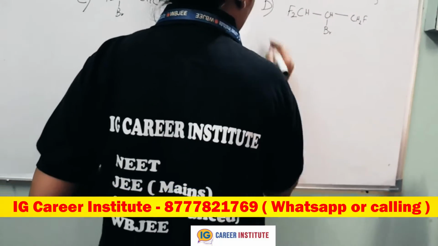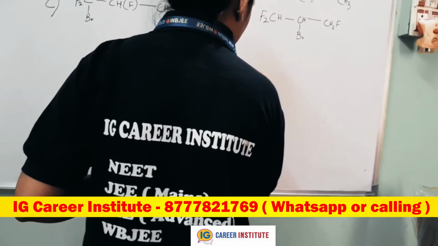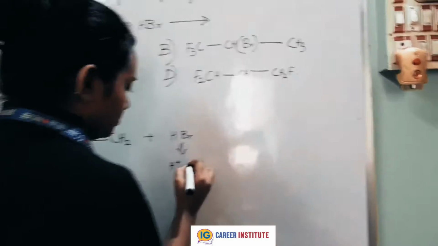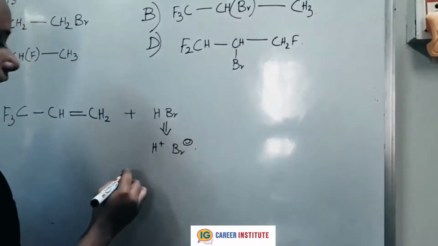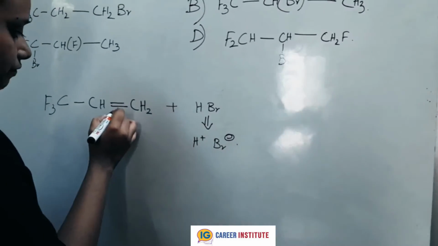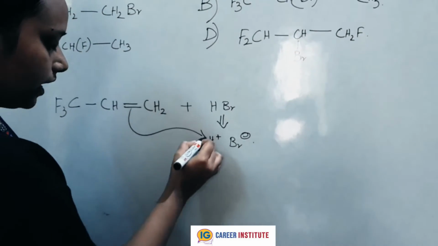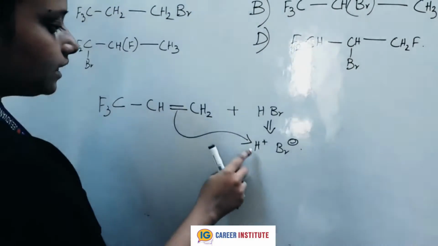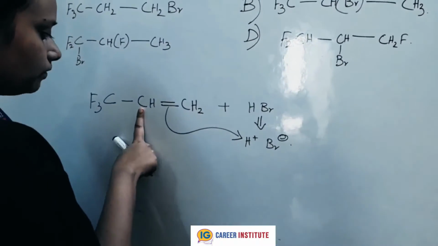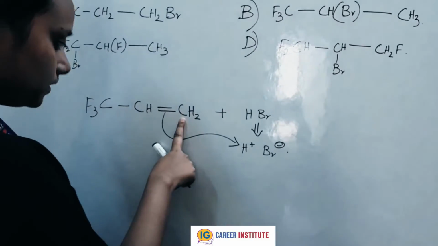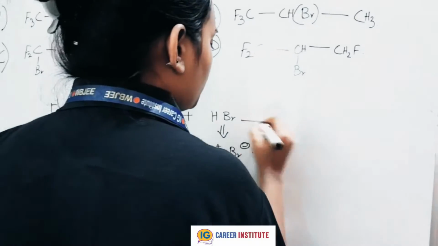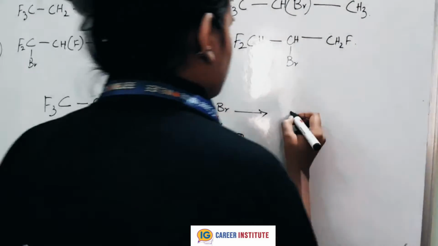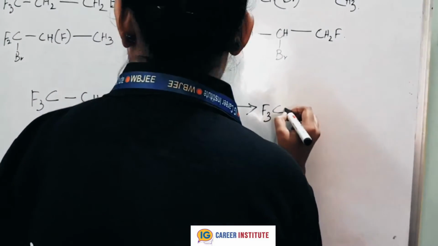If we dissociate HBr into the medium, then H plus and Br minus will basically be generated, and this negative pi bond will actually attract this H plus. Now there is a probability that this H plus may come and join with this carbon atom or with this carbon atom. So let us check out both the possibilities and see which one will be more stable.